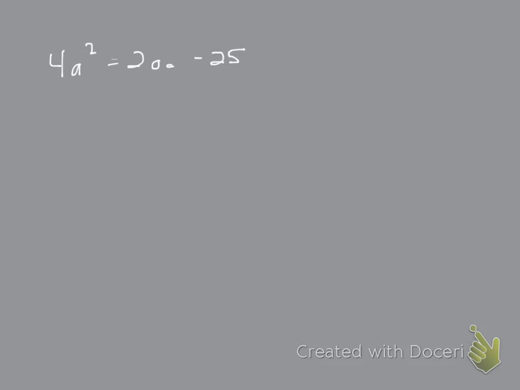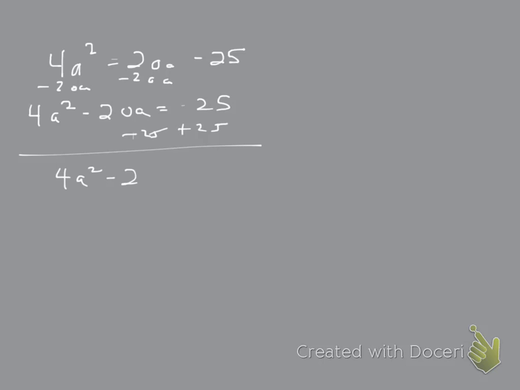So instead I'm going to subtract 20a from both sides, so 4a squared minus 20a equals negative 25. Now I'm going to add 25 to both sides. So then I end up with 4a squared minus 20a plus 25 is equal to 0.